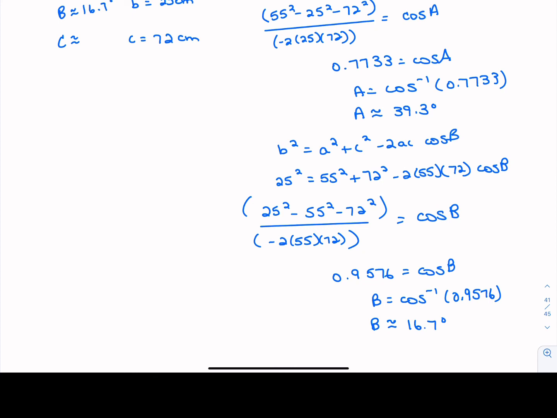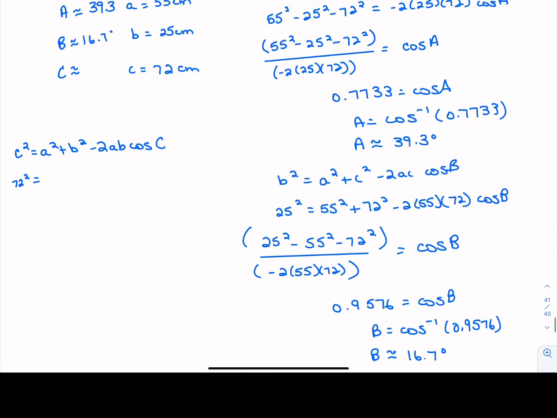Again, to find angle C, you have 2 choices. You can either subtract the 2 calculated angles from 180 degrees, because we know all 3 will sum to 180 degrees. Or if you don't quite trust it, you can take the longer approach and use the third version of our cosine law. So we could go c squared equals a squared plus b squared minus 2ab times the cosine of angle C. So then we'd have 72 squared is equal to a squared, which we know to be 55.